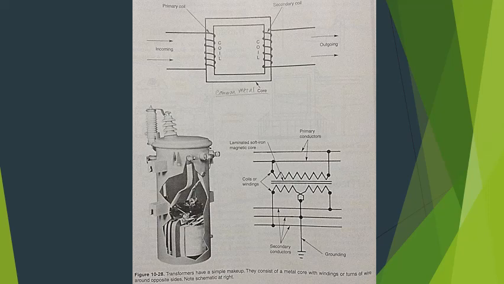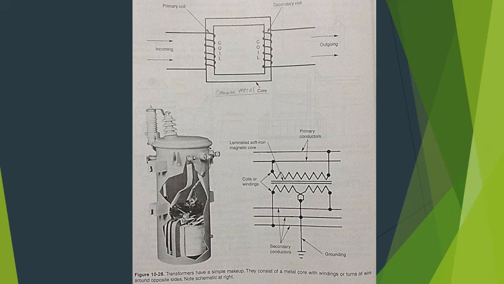A transformer has a relatively simple structure. Figure 10-28. Basically, it contains 2 coils of wire or windings and a common metal core. When an alternating current is sent through the first coil, the primary, it magnetizes the metal core.